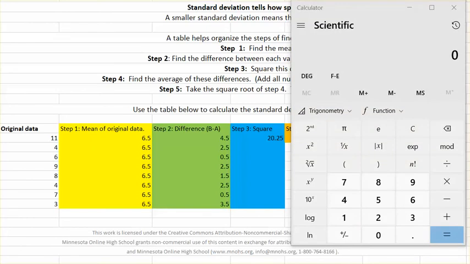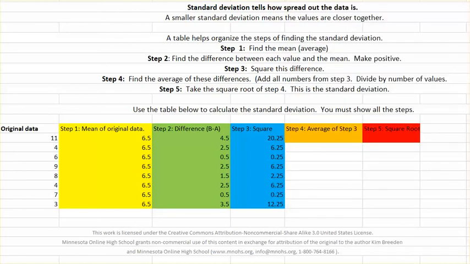If you can't find a squared button, you can multiply by itself. So my next one is 2.5. I could do 2.5 times 2.5. 0.5 squared is 0.25. So I finished that step for us.